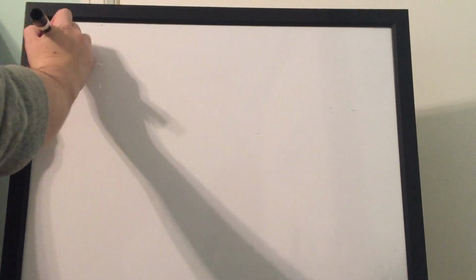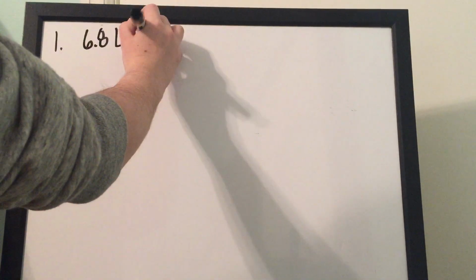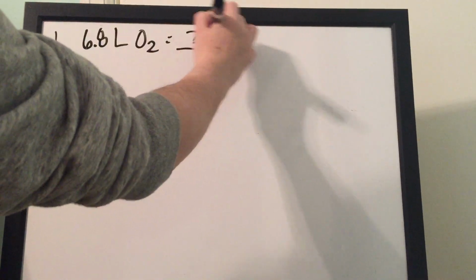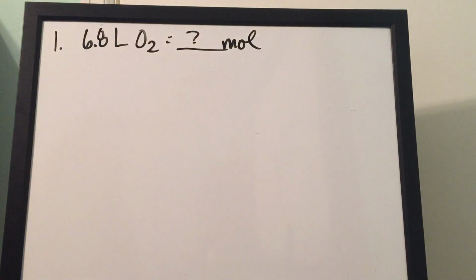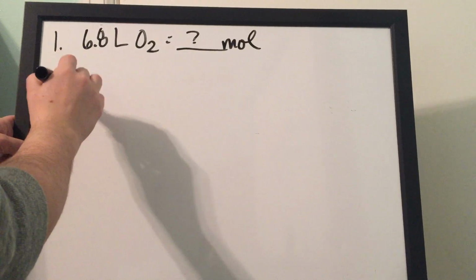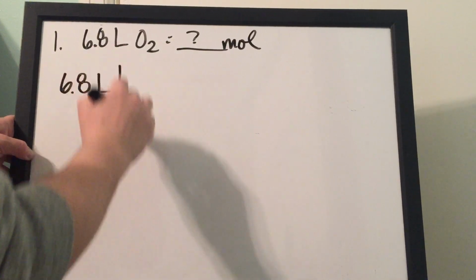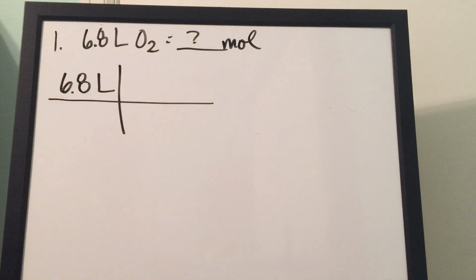All right, so number 1. It says at STP, how many moles are in 6.8 liters of O2? So 6.8 liters of O2 equals how many moles? So as always, we start with what we were given, the 6.8 liters. Draw our line for our dimensional analysis setup.